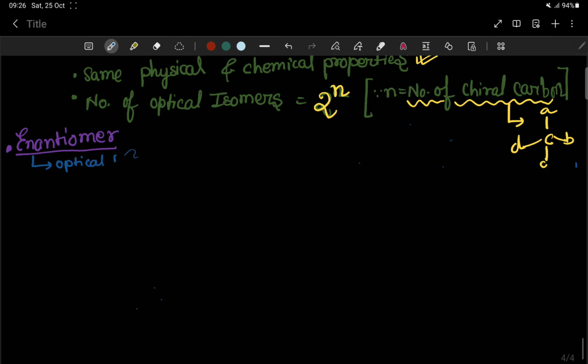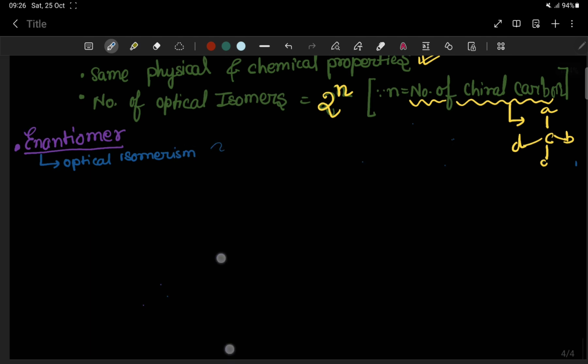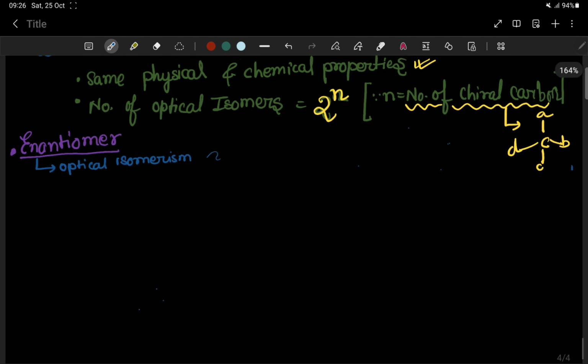Write it with me. Optical isomerism with non-superimposable mirror image. I hope you remember. Superimposable.